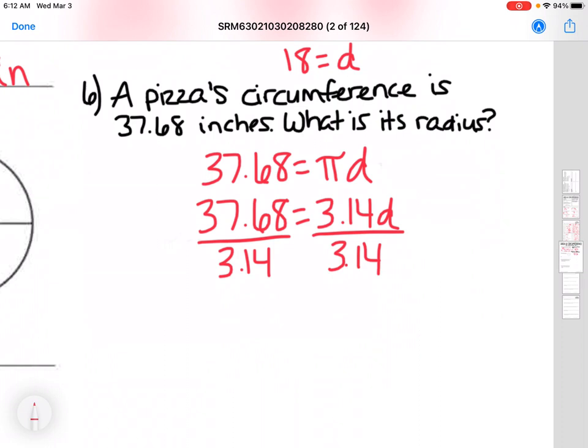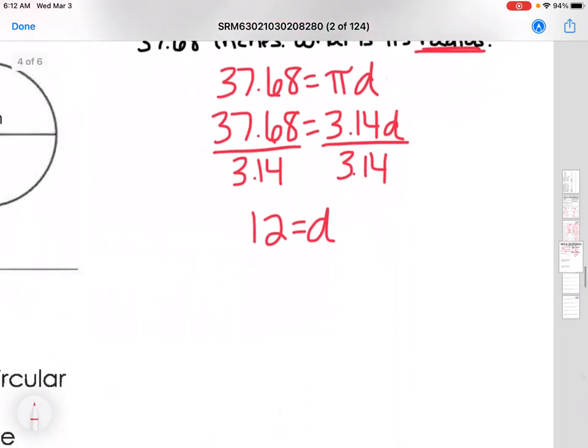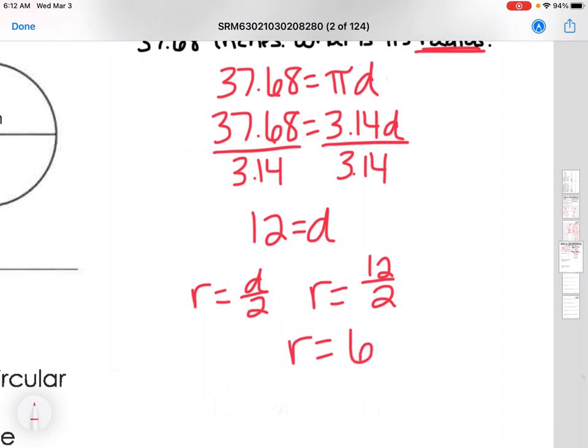And that tells me that my diameter is 12 inches. But my question asked me what the radius is. Well, I know that the radius is the diameter divided by 2. So 12 divided by 2 tells me that my radius of that pizza would be 6 inches.